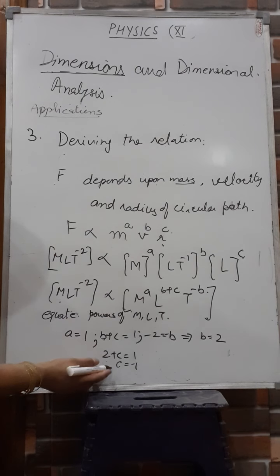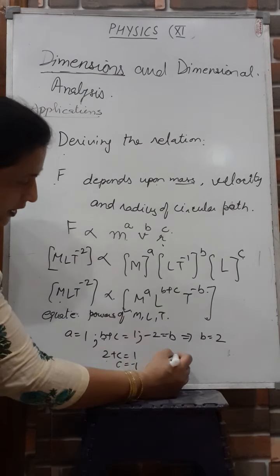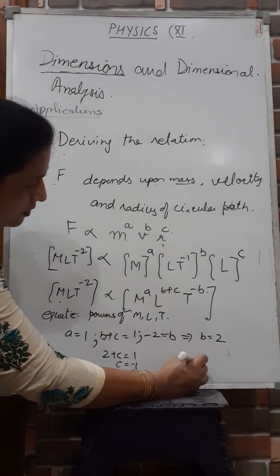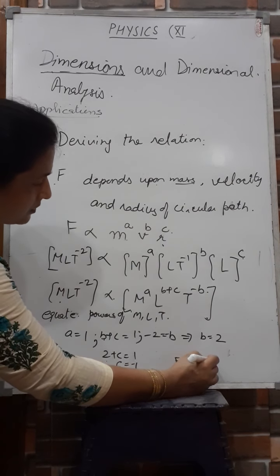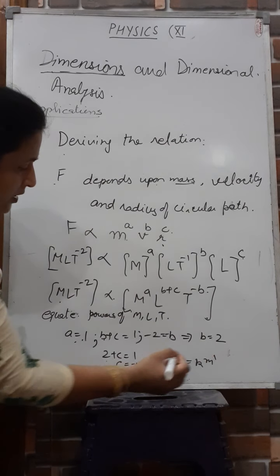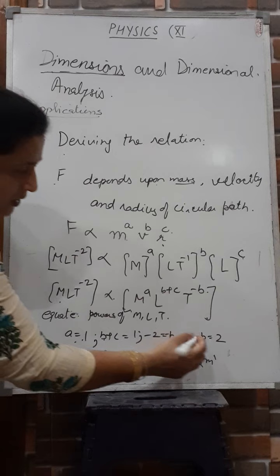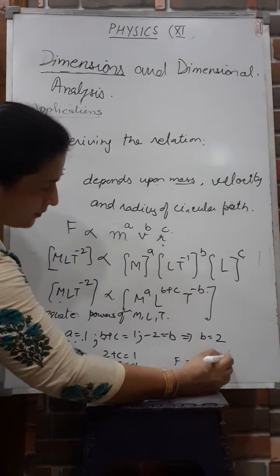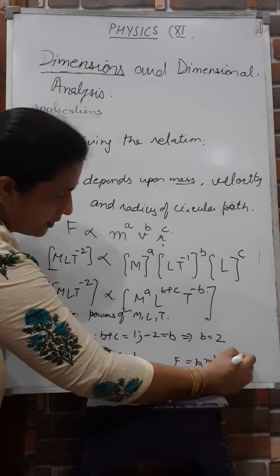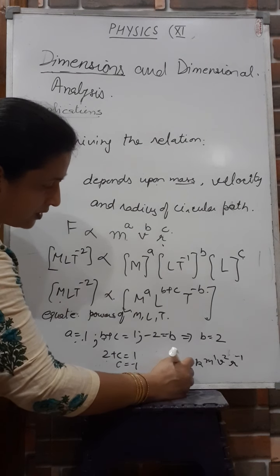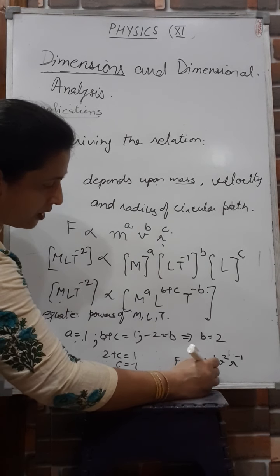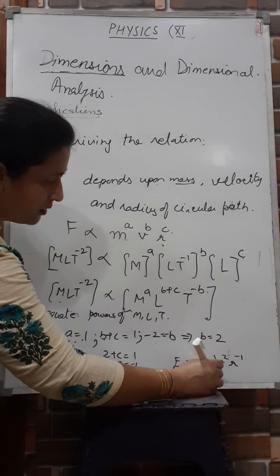Now put the values of A, B, C in this relation, so you will get force is equal to some constant, mass raised to power 1, velocity squared, and radius raised to power minus 1. So it is F is equal to mv squared by r. This is the relation.